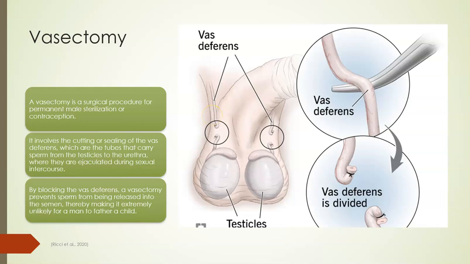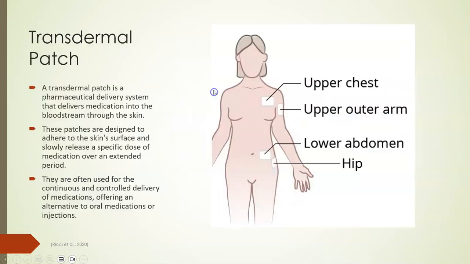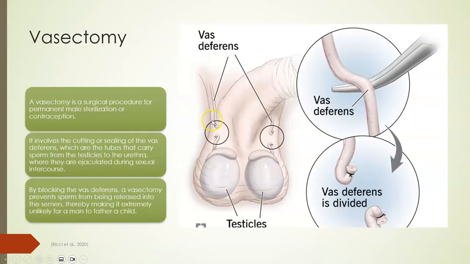According to the books, according to the researchers, the man needs to have up to 36 ejaculations to clear the vas deferens so that there are no sperm. All right? Because even though it is cut or surgically and permanently sterilized, you may still have some sperm in the vas deferens up top here. All right?